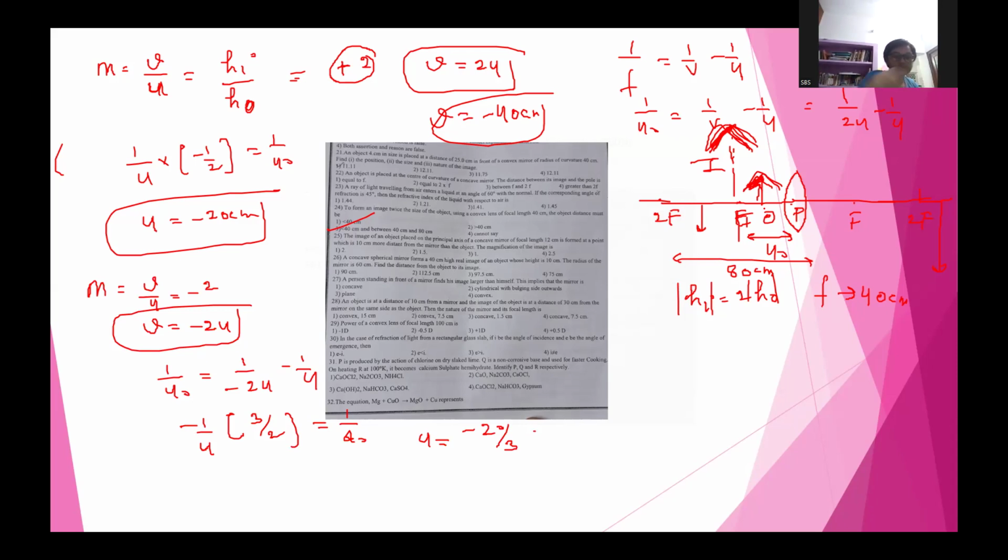M is minus 2, real inverted, HI by HO. Between C and F, 40 and 80, U will be minus 20 by 3. If U is negative, V is positive.